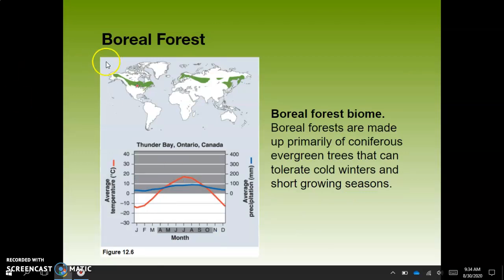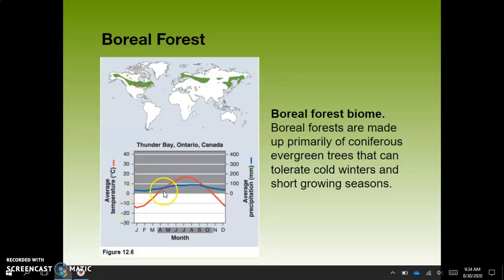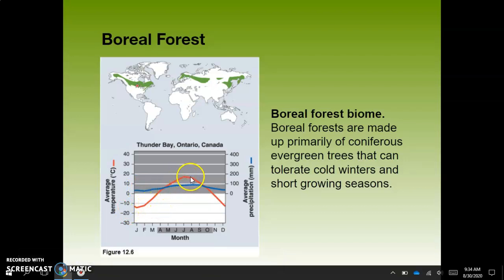So again, these are going to be found in places like Canada. Okay, so in North America, but we're not going to really find them in the United States. And here we've got precipitation is pretty steady all year. And then similar to our tundra, we've got just a few months in the summer where the temperature rises, but still between 10 and 20 degrees Celsius. It never gets extremely warm.